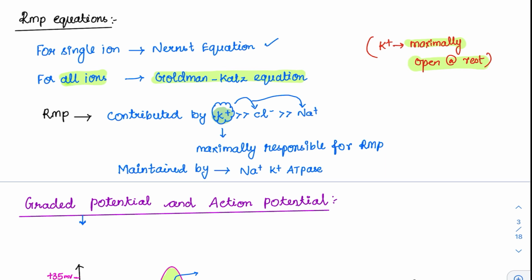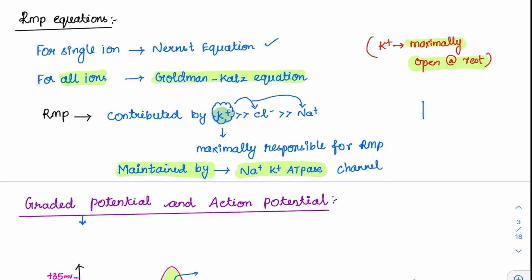Then all of us go for the option of sodium potassium ATPase. Why are we constantly writing sodium potassium ATPase? The sodium potassium ATPase channel contributes very, very little to the RMP, but if the question is what maintains the RMP, sodium potassium ATPase channel is the answer. It is the one which is bringing back the resting membrane potential to maintenance.